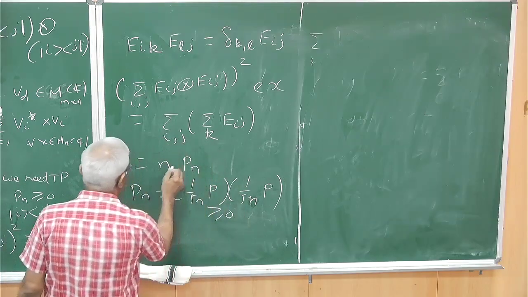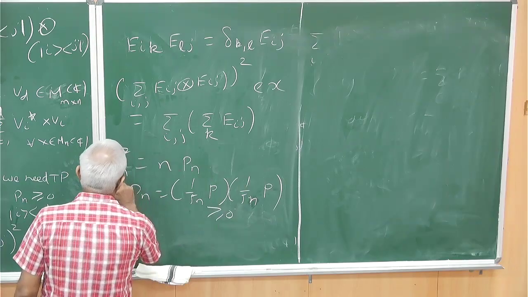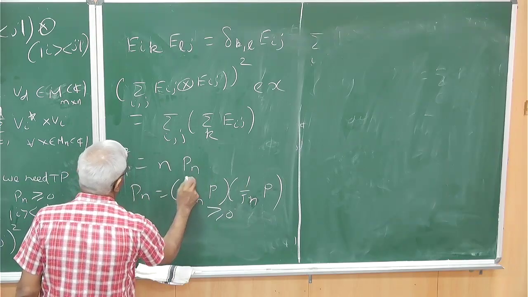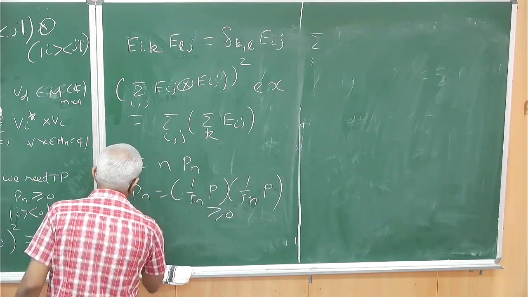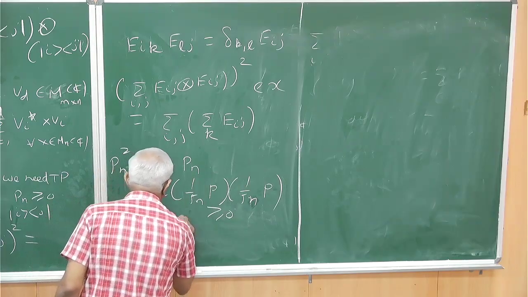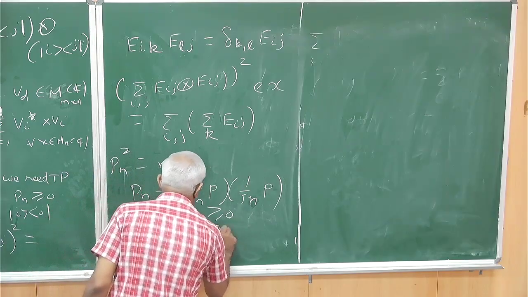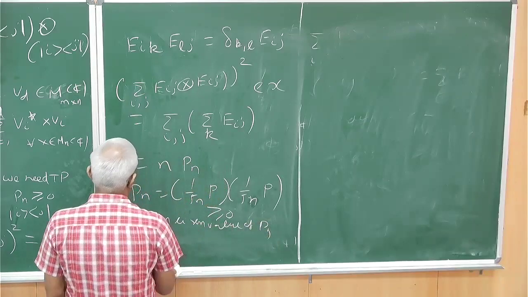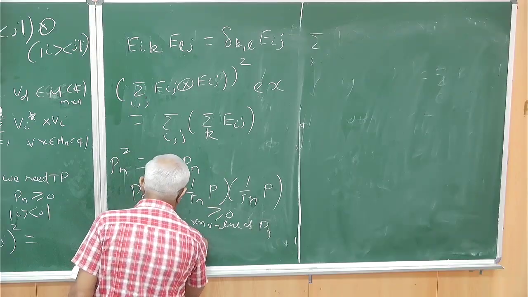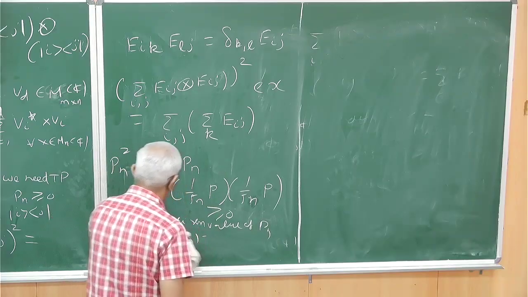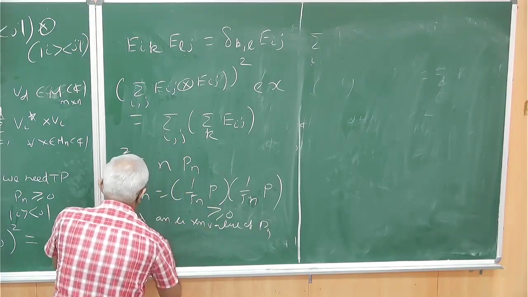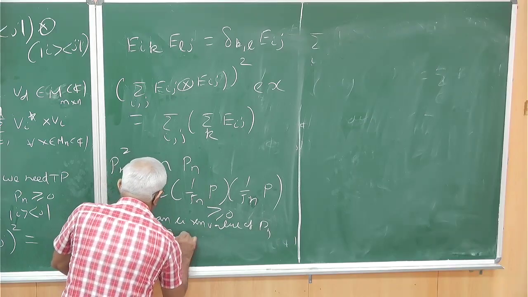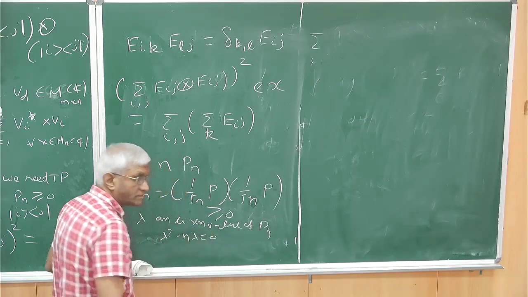Or there is another way of doing it. Pn square equals n times Pn. So if lambda is an eigenvalue of Pn, we will use this later, then lambda squared minus n lambda equals 0.